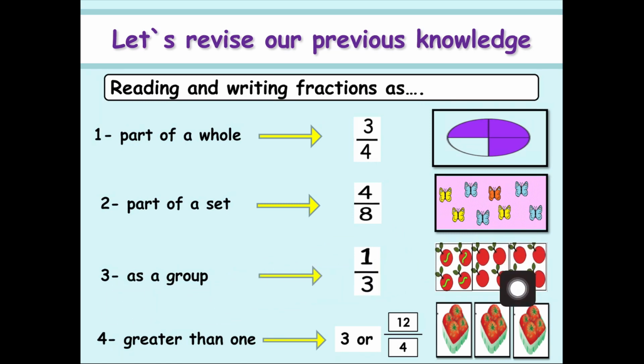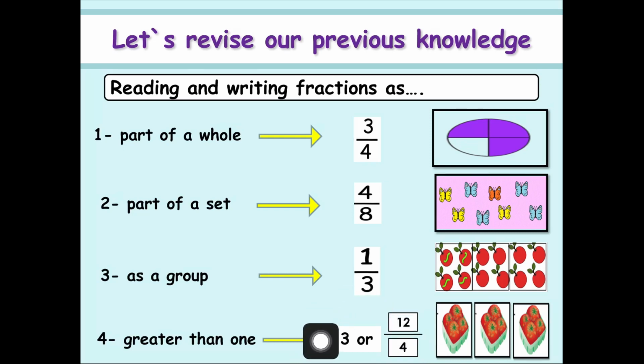I can also read and write fractions as a group. How many of these groups have worms in them? It looks like I have 1, 2, 3 groups, and only one of them has worms. So 1 out of 3, or 1/3 of my groups, have worms in them. And the last way that we can read and write fractions is by looking at numbers greater than 1. So over here it looks like I have 3 boxes of tomatoes.